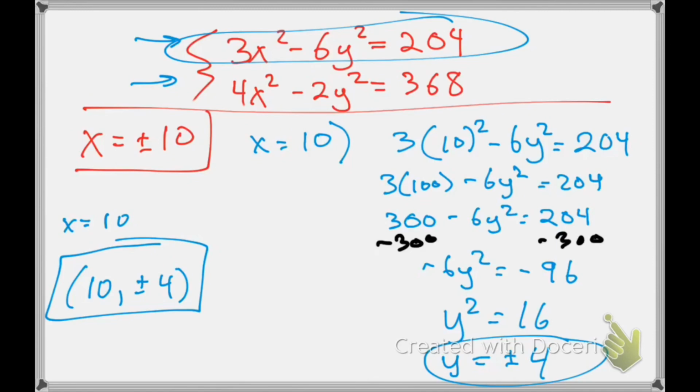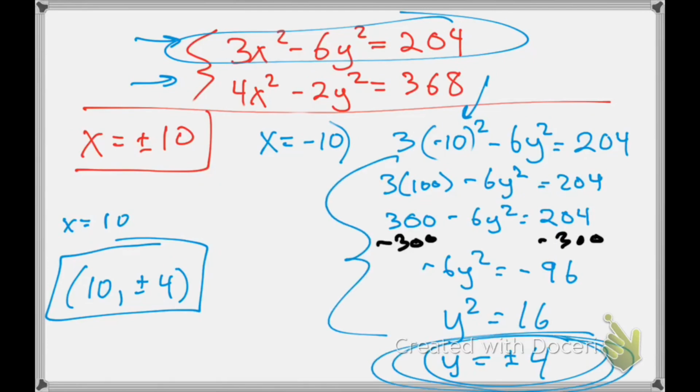Now let's do the same thing for when x is equal to negative 10. So when x equals negative 10, I can plug it into the same equation. I get negative 10 squared. Well, negative 10 squared is 100. So this whole thing just repeats. I get the same solution down here.